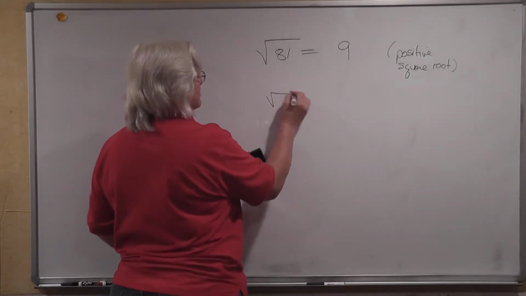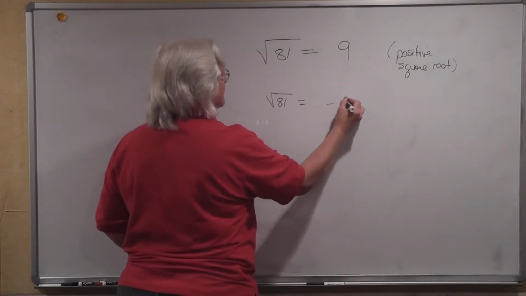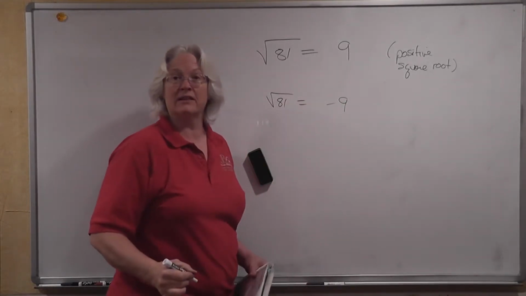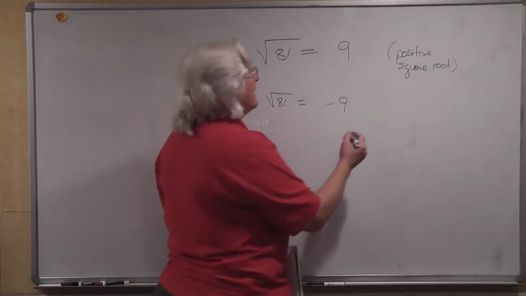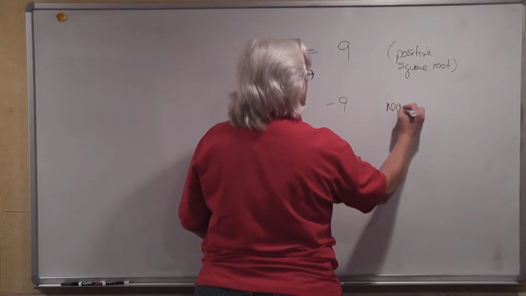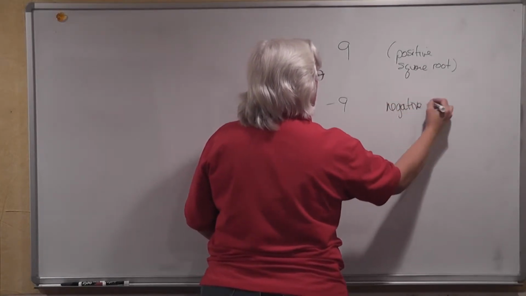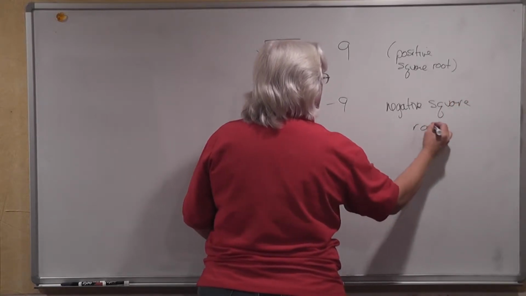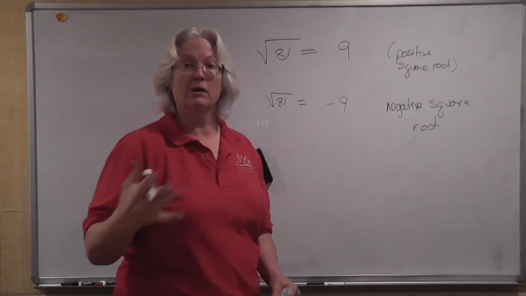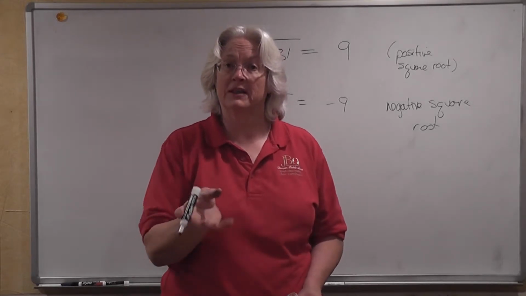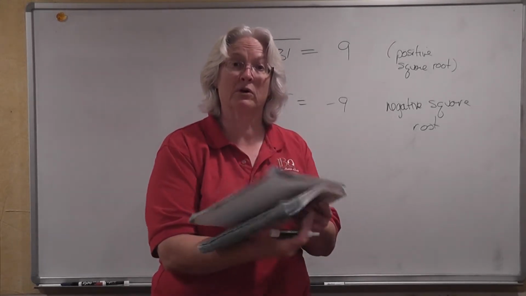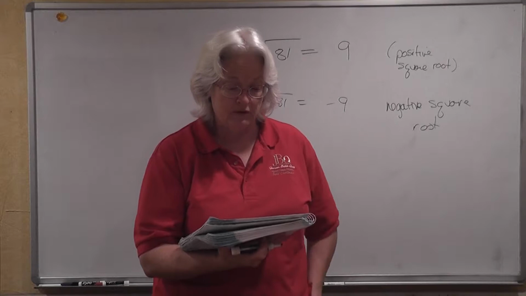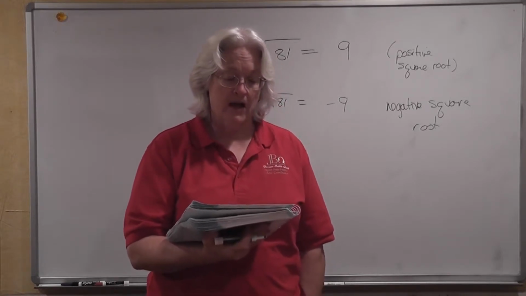And if we say that the square root of 81 is negative 9, what do you think they're going to say there? Exactly, that's the negative square root. There's a lot of terminology and math speak in this section, but if you just focus on what they're talking about, it won't be difficult for you at all.